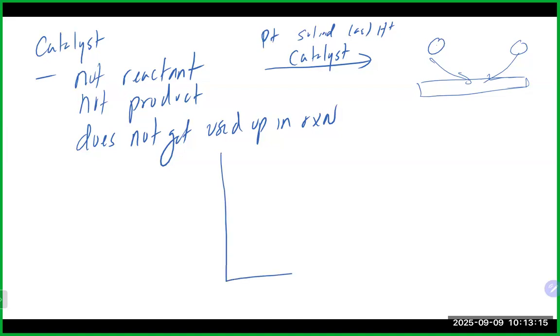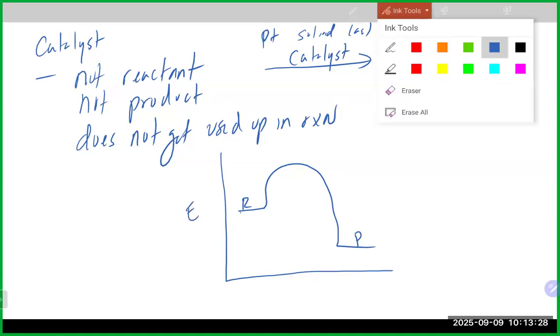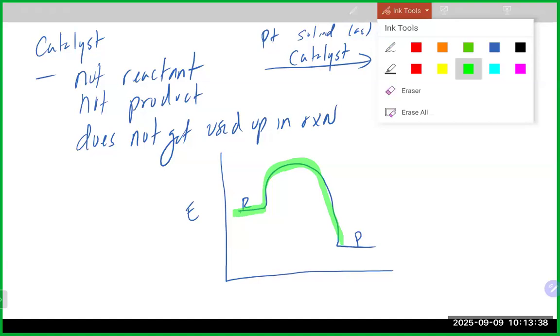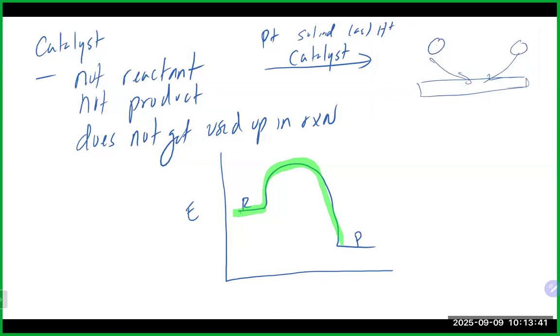But essentially what's happening here is, for example, we had a reaction like this. When you have a catalyst involved, by finding that alternative pathway, instead of having to climb this hill to get to the other side, it's able to lower the activation energy hill.